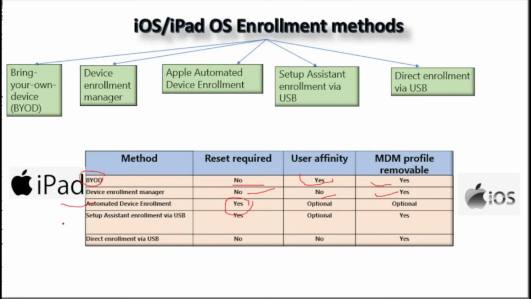In the same way, for setup assistant enrollment via USB, reset is required and then admin can configure the user affinity, and in case of MDM profile removal, it is set to yes, meaning user can remove the MDM profile or they can unenroll their device from Intune portal. In case of device enrollment via USB, reset is not required, user affinity is also not associated, but the user can remove their MDM profile.